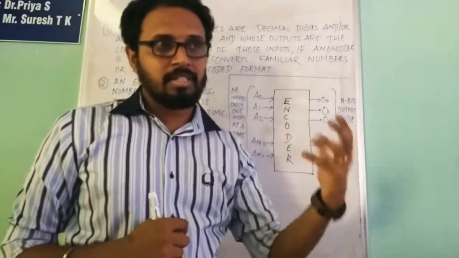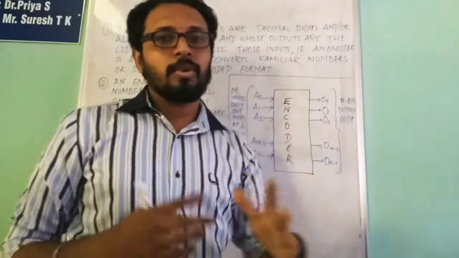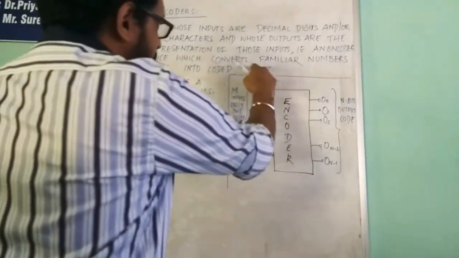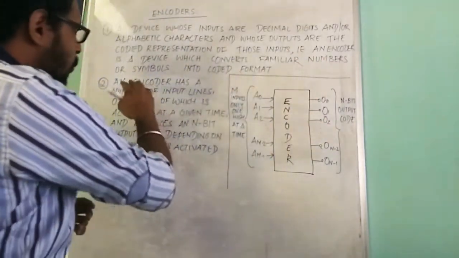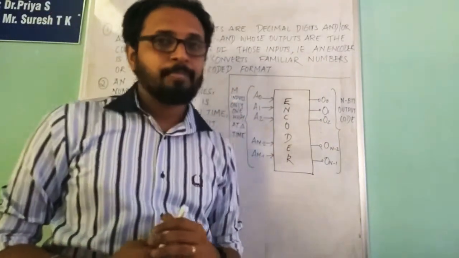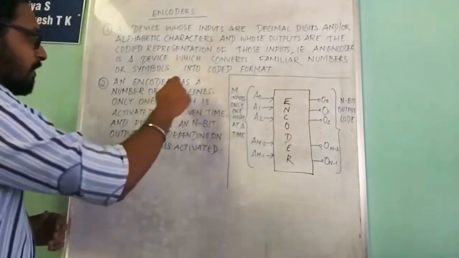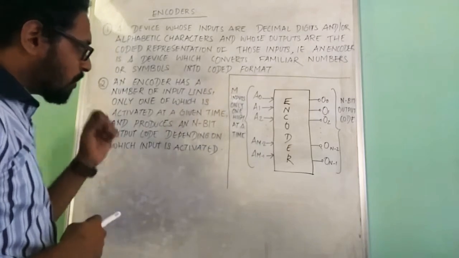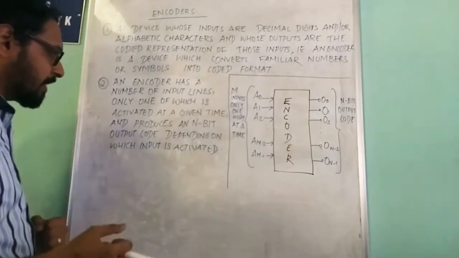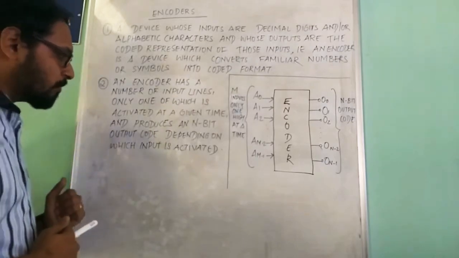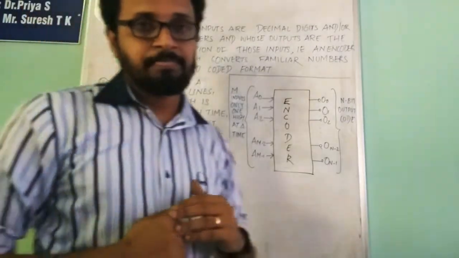That is, an encoder converts familiar numbers or symbols into a coded format. An encoder has a number of input lines, only one of which is activated at a given time, and produces an n-bit output code depending on which input is activated.